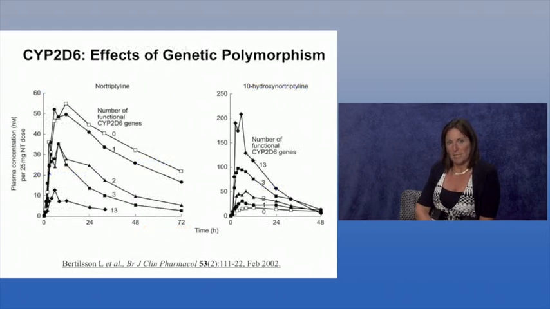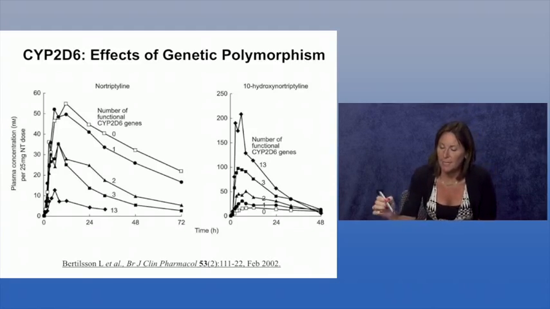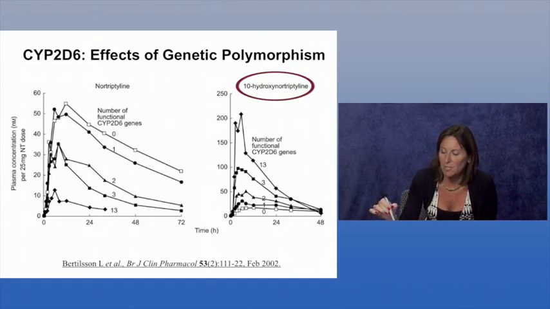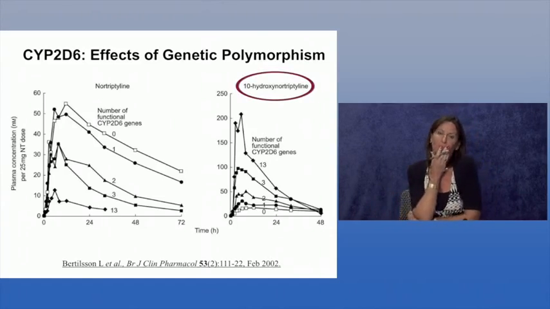So this particular example that I'm sharing with you is from approximately 10 years ago. And it was a study that looked at the metabolism of nortriptyline. And the normal metabolite of nortriptyline is 10-hydroxynortriptyline, which is shown over here.